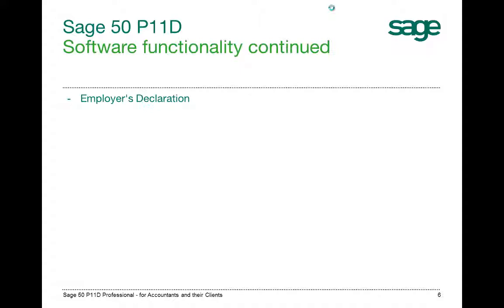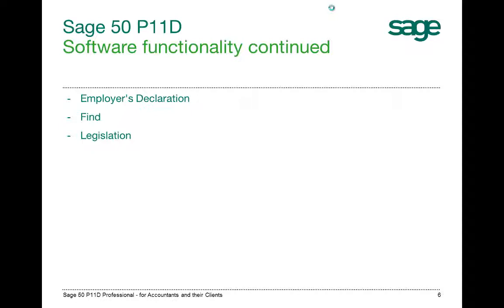It also provides you with the employer's declaration, and you can override the programme calculated Class 1A values on an employer-by-employer basis. It also has a facility to quickly locate specified employees or benefits through a range of criteria.